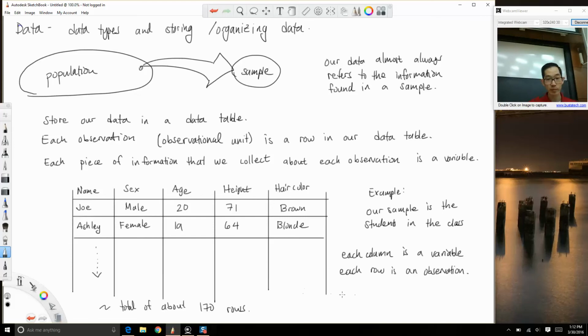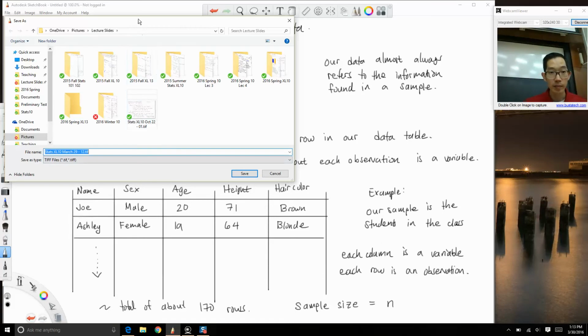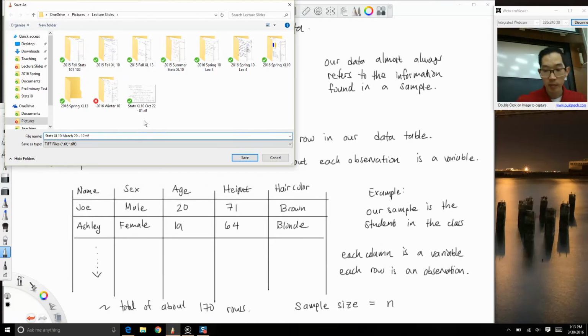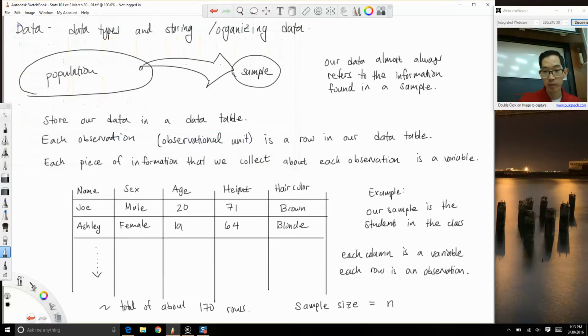Our sample size, which is the number of rows in our data table, is denoted by the letter N. All right. So far, so good? Yes.